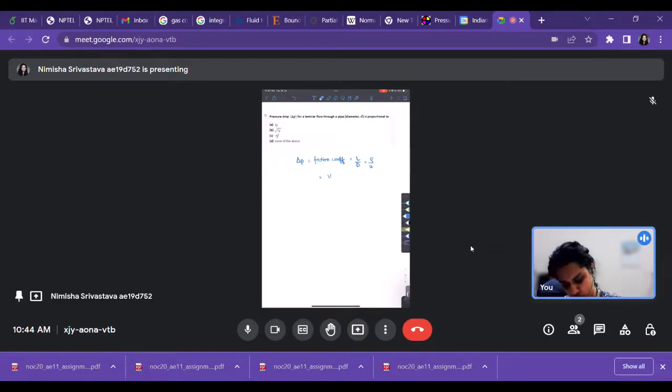So over here the flow velocity is Vf square. So clearly we are able to see that the proportionality is with Vf square. So we have the answer for that.